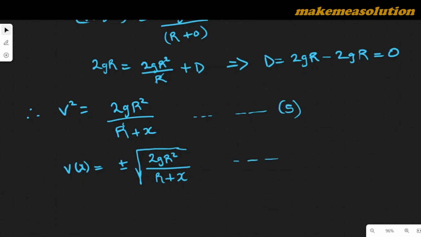So equation 6 now is an expression of v in terms of x according to the first requirement of the question.